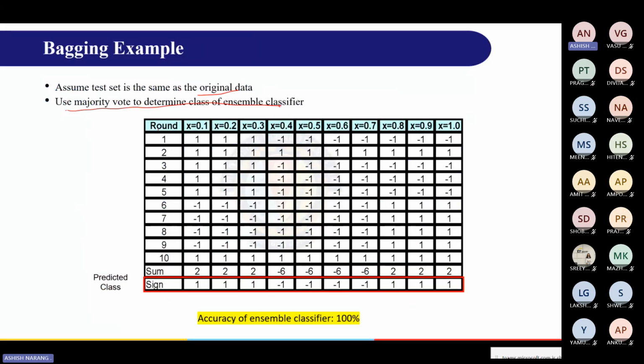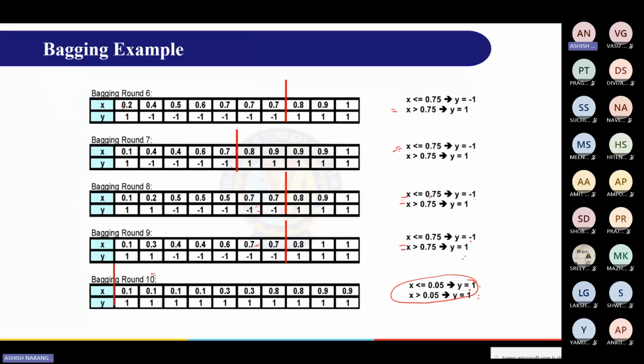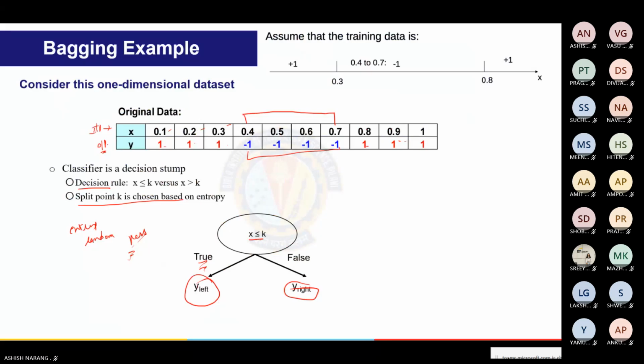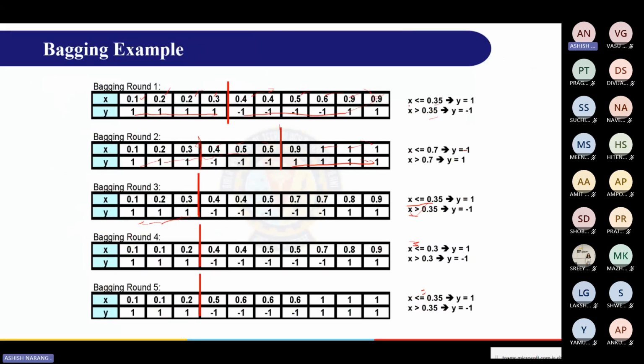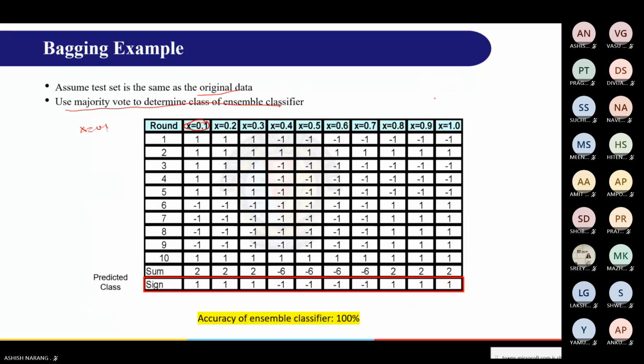Look at this. If I pick x as 0.1, what will the first classifier do? It will classify it as 1, right? Because 0.1 is less than 0.35. That is what we have put, 1.